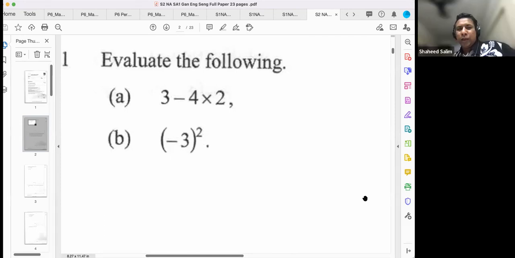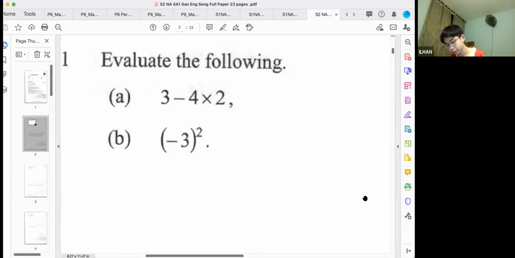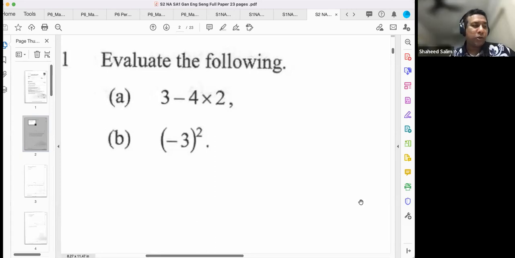Okay, A, how did you get -2? 3 minus 4. Cannot, you must do the times first, remember? Oh yeah. So 4 times 2 equals 8. Then 3 minus 8 equals -5. Okay, -5 is correct. B is correct also.